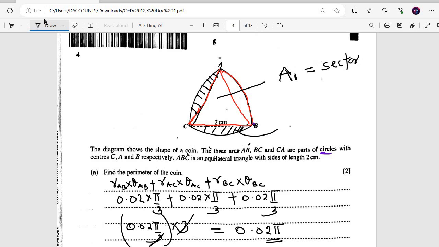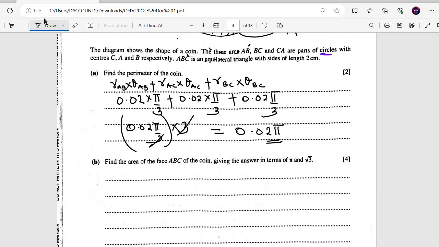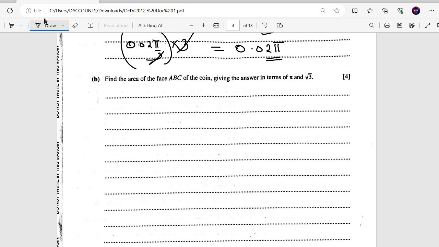A2 is a segment, and A3 is also a segment. So to find the area of the coin, it will be A1 plus A2 plus A3. It's extremely simple.